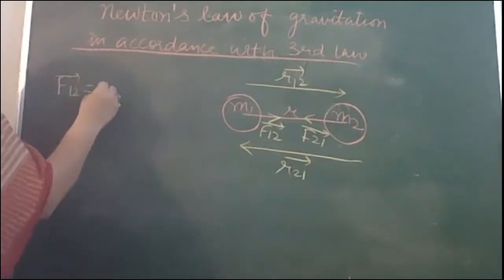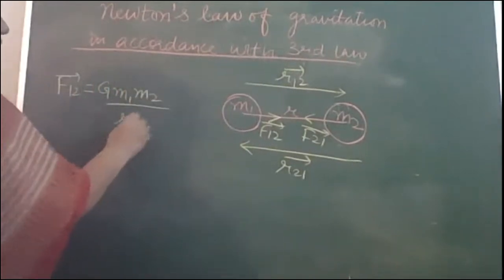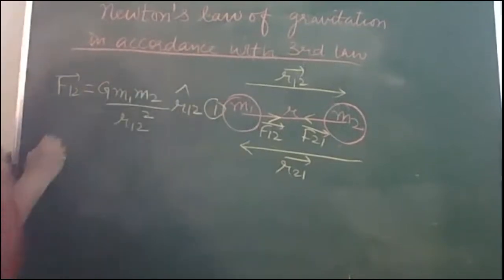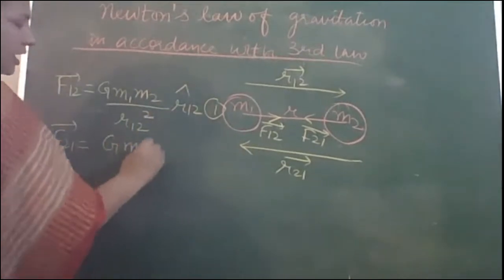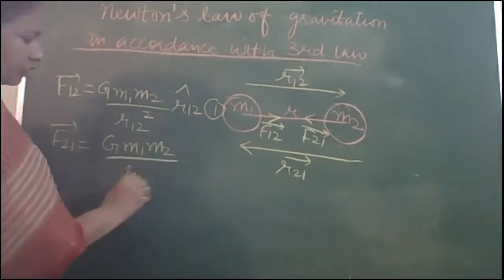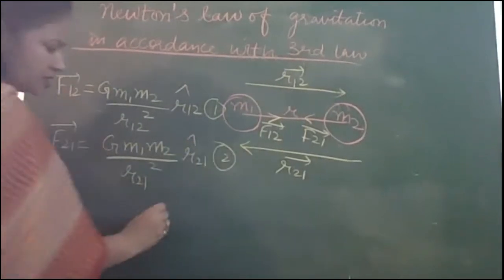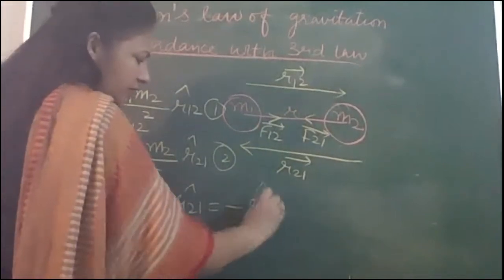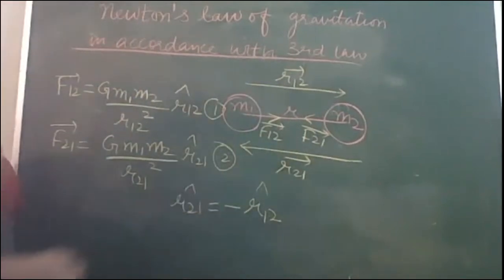F12 in vector form is G m1 m2 over r12 square into r12 unit vector, and same way F21 was G m1 m2 over r21 square into the unit vector. I was telling you that the relation between 2 vectors is just that they are in opposite directions. Otherwise magnitudes are same, just they are in the opposite directions. This is the only difference.